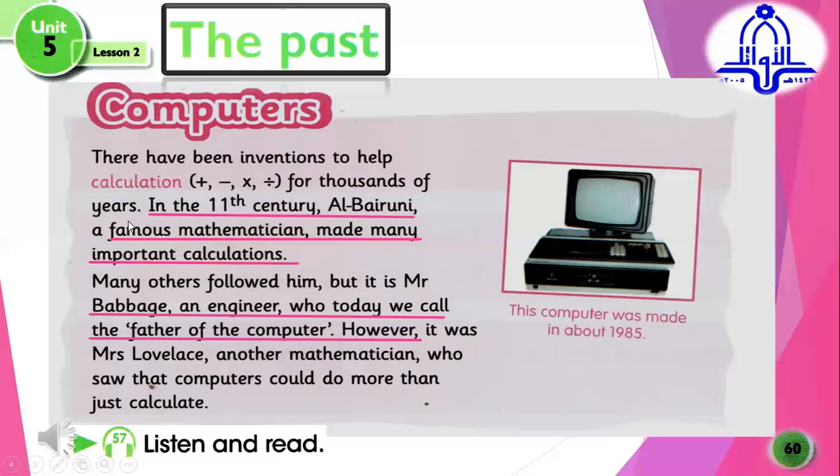In the 11th century, century meaning qurn, 11th meaning eleventh. So in the 11th century, Al-Biruni, a famous mathematician, was an Arab Muslim mathematician. So he is a famous mathematician, and he made many important calculations.